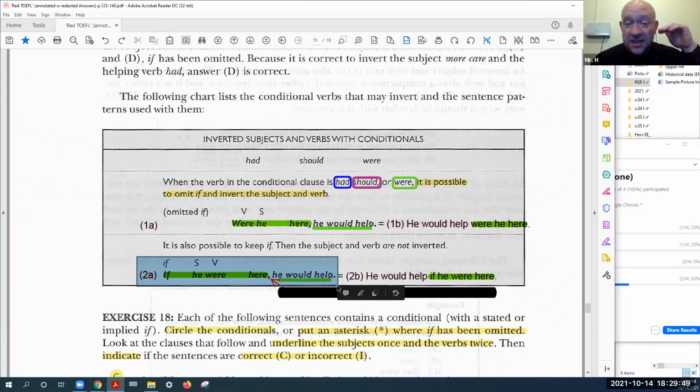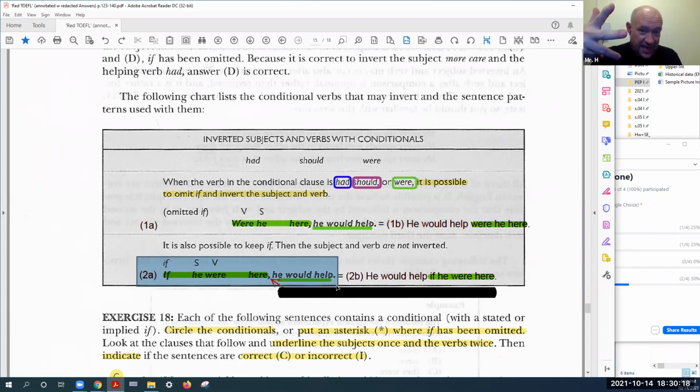The second conditional formula requires were for every subject: he, she, it, we, you, they.